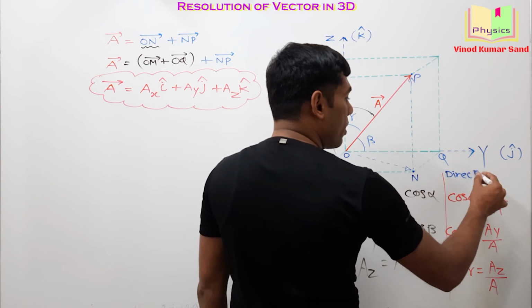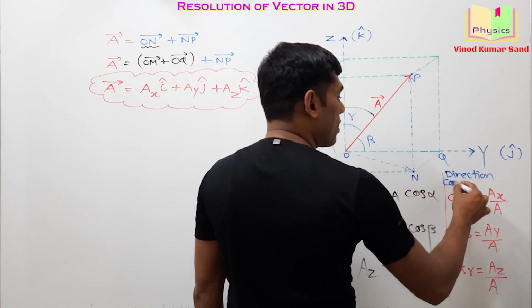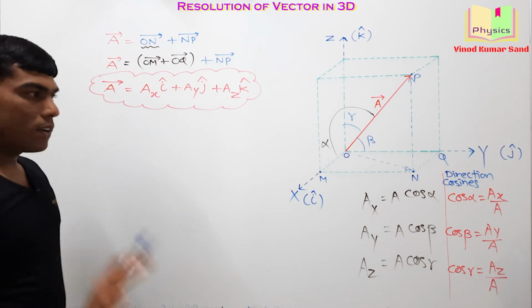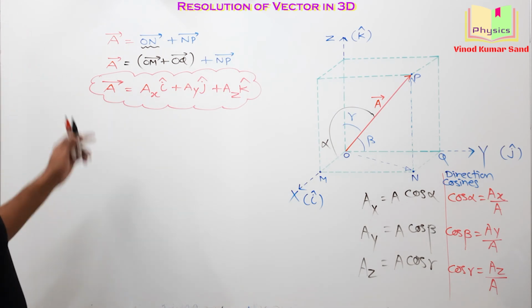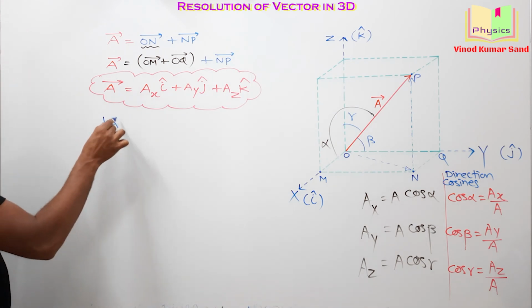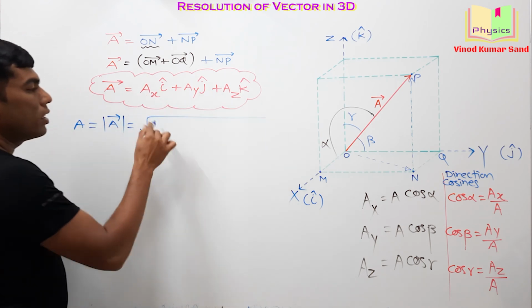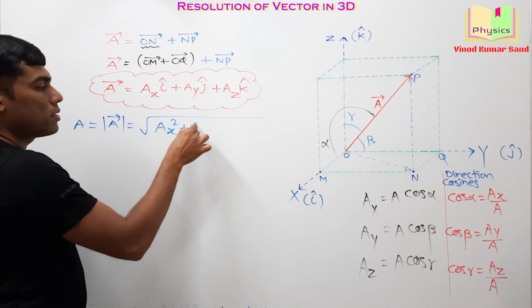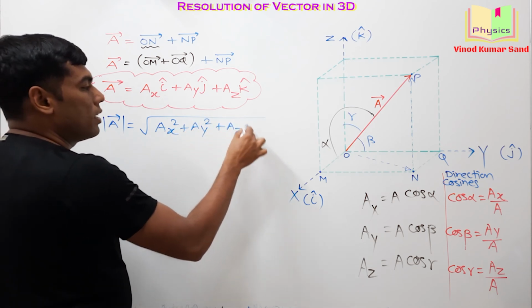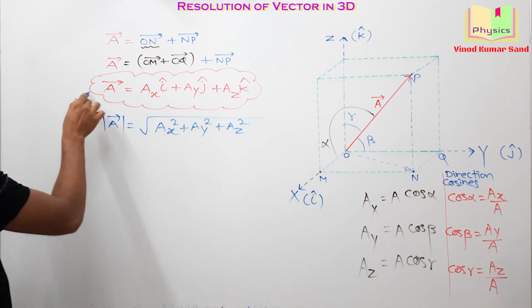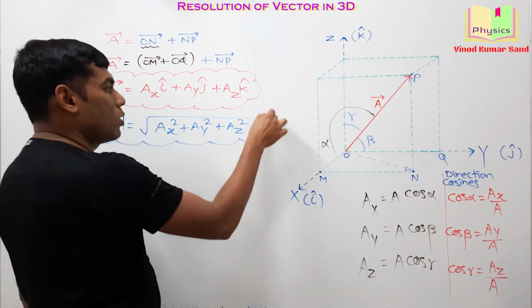We call them direction cosines. Okay. Now, suppose you need the magnitude of A vector, which is represented like this. It will be root of AX square plus AY square plus AZ square. This is another important formula which we should learn.